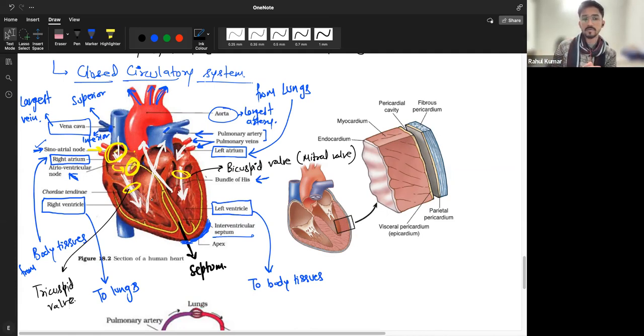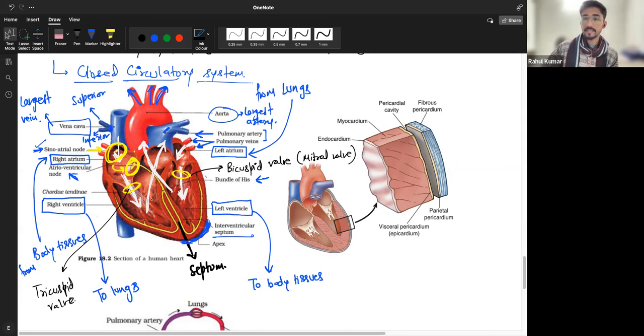The left ventricle has to send blood through the aorta into the whole body, and the right ventricle has to send blood through the pulmonary artery into the lungs. But if these valves are not there, when the ventricles contract, the blood can just go back to the atria, right? Yes or no? Yes, sir. So to prevent that from happening, we have valves in place.